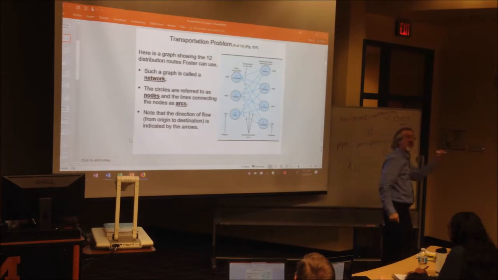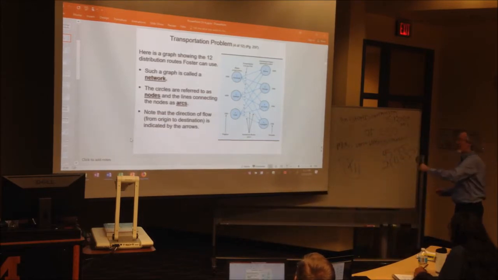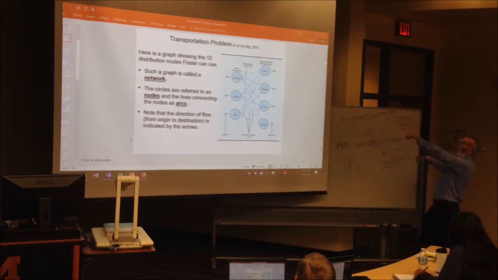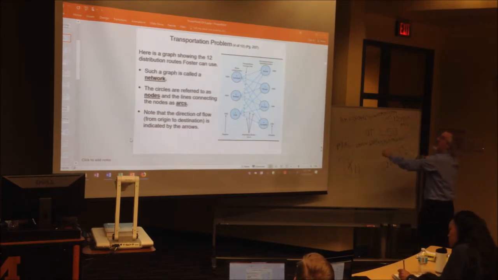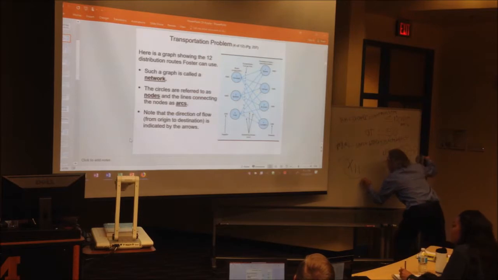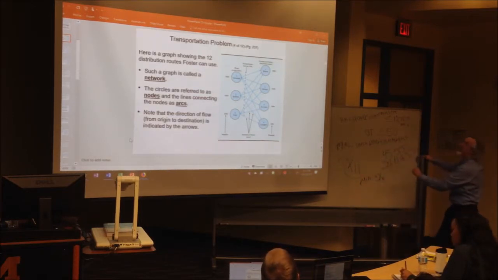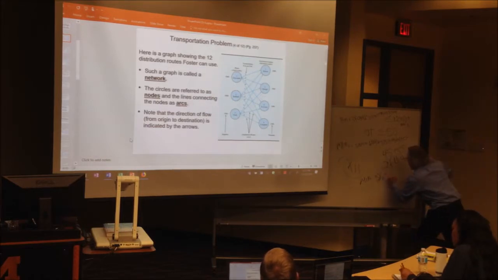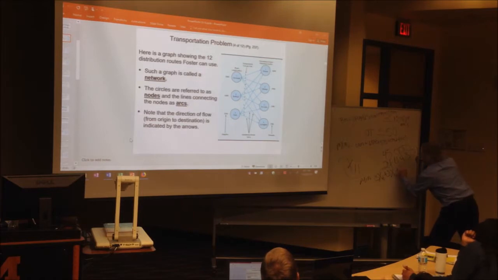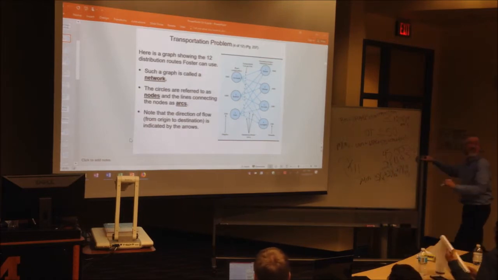So I'm just going to start the objective function so you can see what the process is. I'm going to start at the very top, coming out of Cleveland, going to every one of our demands. So I've got min, and then I've got 3x11 plus 2x12 plus 7x13 plus, is everybody getting this?